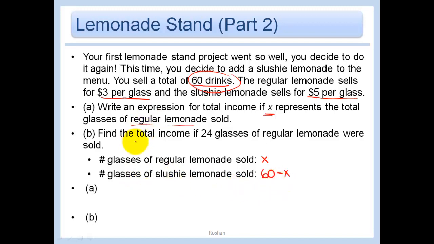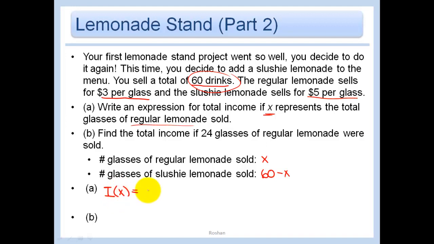Now we are going to answer the question, the total income. So income is a function of X, the number of regular lemonade sold. So I'm going to write that as I of X. The income depends on however many glasses of regular lemonade I sold.